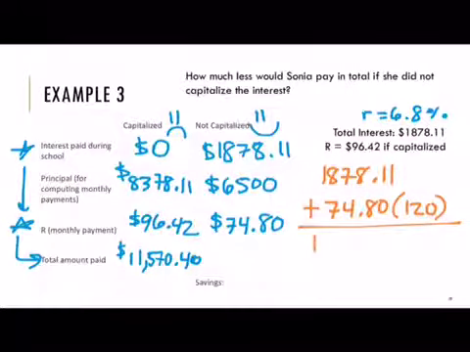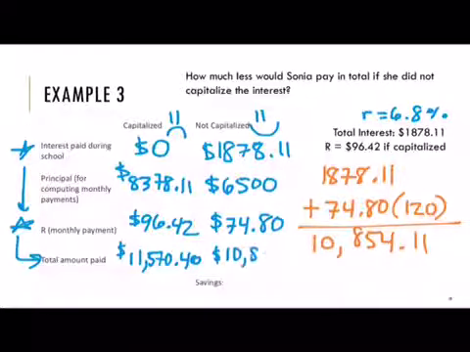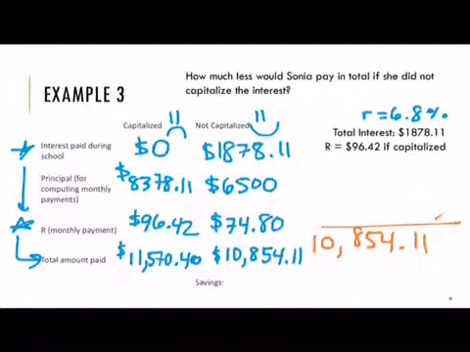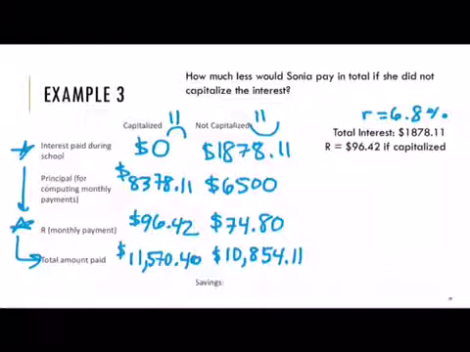And that turns out to be $10,854.11. So ultimately in that situation, she will pay less overall in addition to having lower monthly payments.